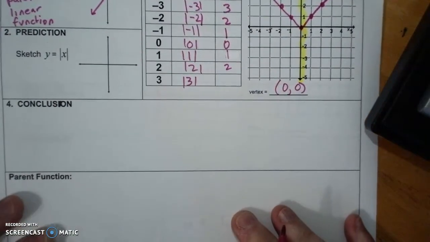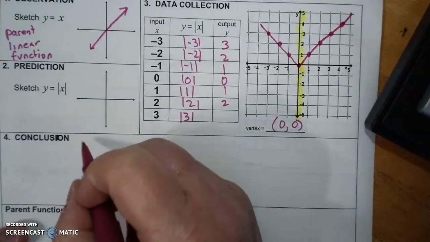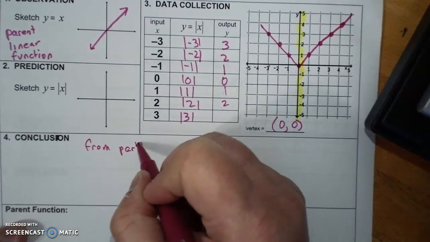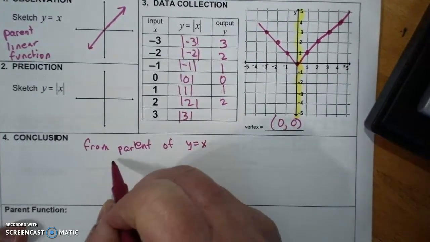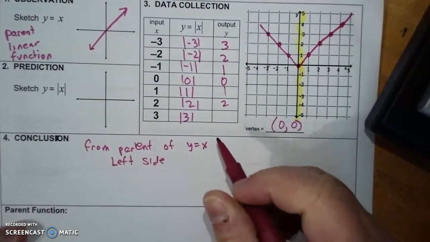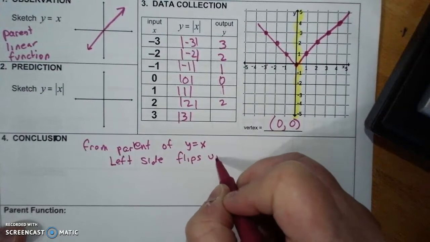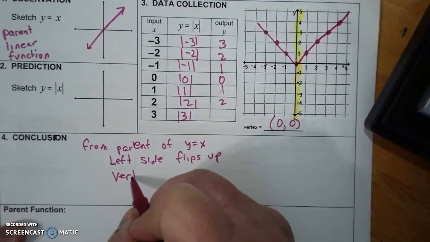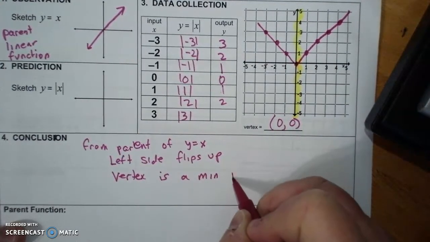The conclusion is that from the parent y equals x, the left side flips up, and the vertex is a minimum point.